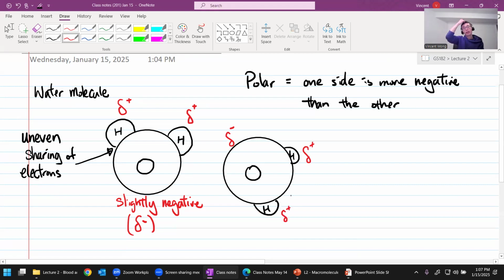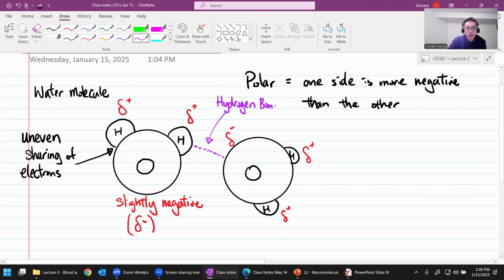And so when two water molecules are brought next to each other, they are attracted to each other. The slightly positive hydrogen is attracted to the slightly negative oxygen, right? They are like tiny magnets that are attracted to each other. And this attraction is called a hydrogen bond.